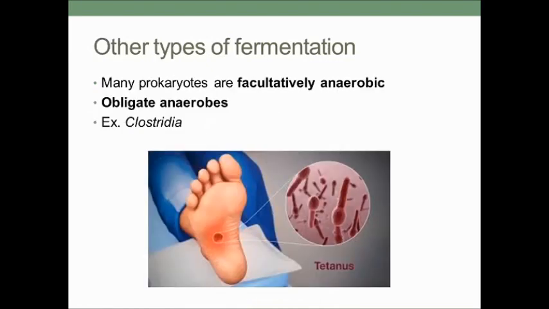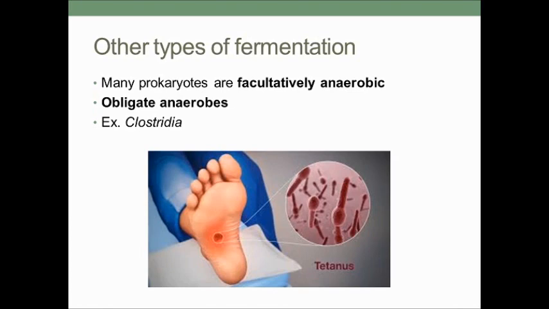Other types of fermentation. Some bacteria are anaerobic, or they can be anaerobic. If they're facultatively anaerobic, that means that they can transition from anaerobic to aerobic, meaning they can live in either oxygen environments or oxygen-free environments. Some bacteria are obligate anaerobes, where they will die in the presence of oxygen.